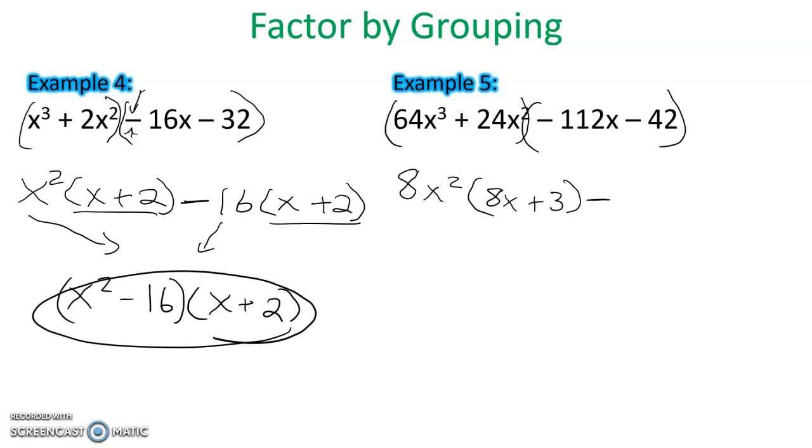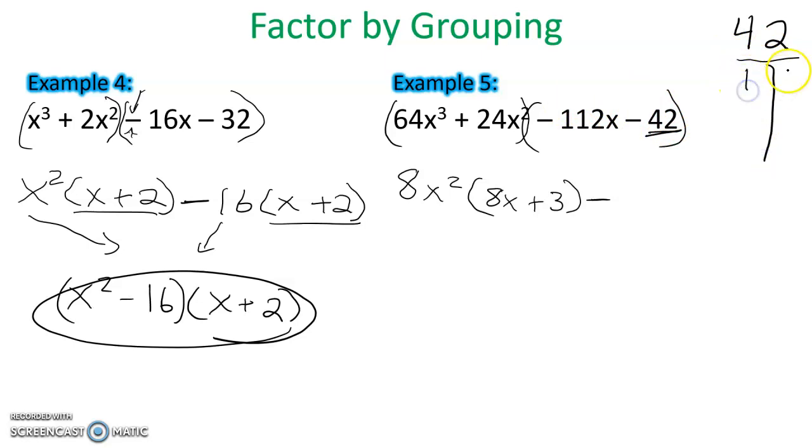Now, if we take a look, these are two fairly big numbers. So again, if you're looking for the GCF between two numbers here, 112 and 42, and it's kind of tough to see what's the largest number that divides these two, set up a little table. 42, figure out numbers that multiply to 42.